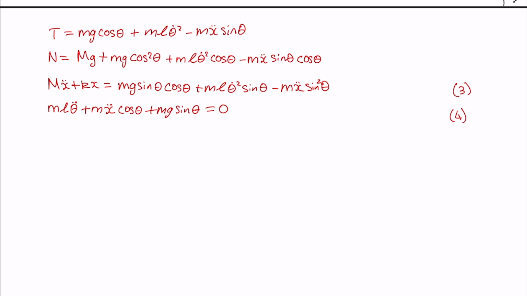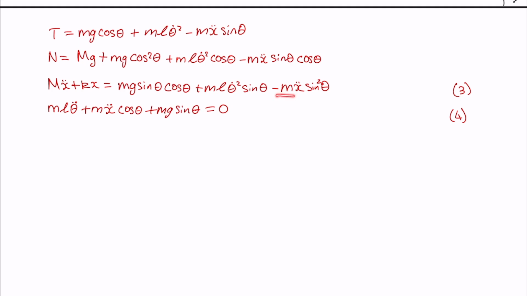So what we see here is, first of all, in the equation for theta double dot, we have this mx double dot cosine theta, and we would expect to see a similar term in the equation for x double dot. Instead, you would expect to find an m theta double dot cosine theta, but we don't find that.